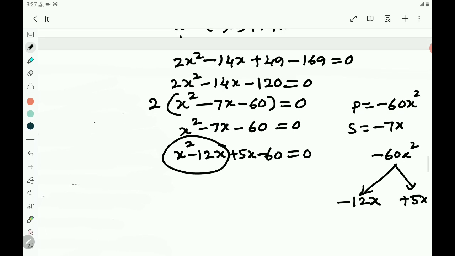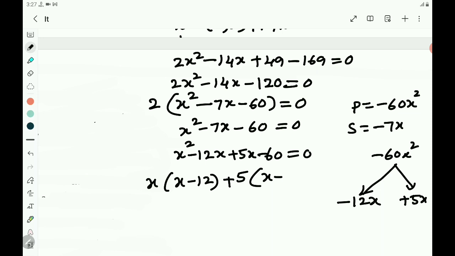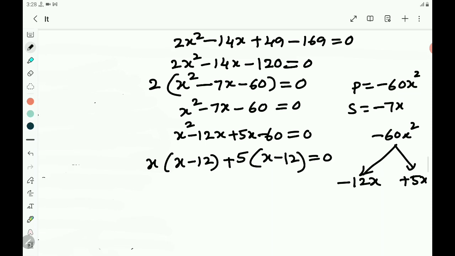Now take these two terms and remove the common outside. What is common? Here x square is there, x is there. x can be removed outside as a common factor: x into x minus 12 plus 5 into x minus 12 equals 0. Then here x minus 12 is there, x minus 12 is there.